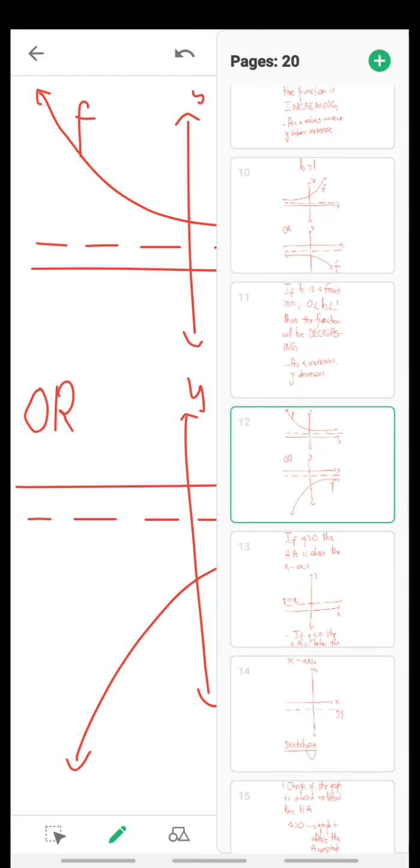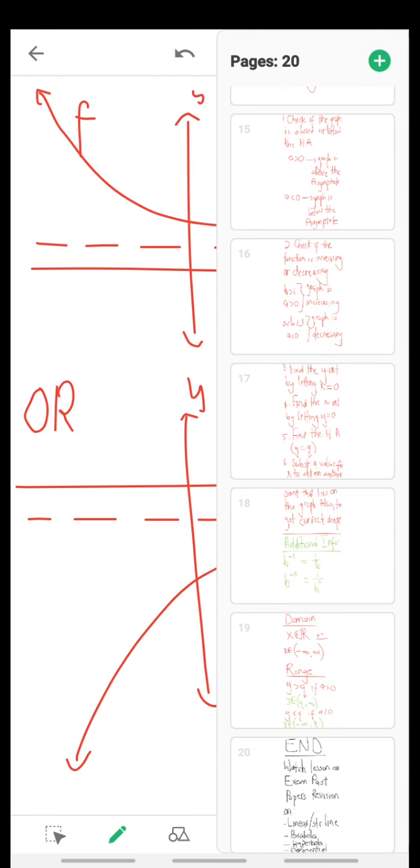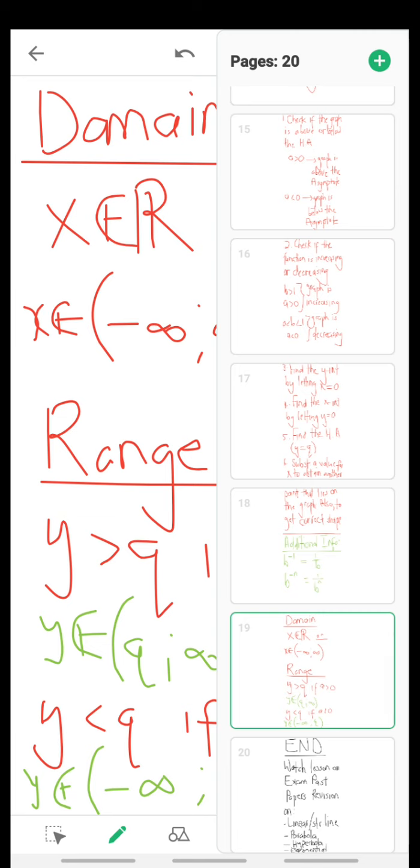Now, next up, we want to look at the domain and the range of the exponential function. And what are we saying? Remember, the domain is all possible x values of a function that are defined for that function, okay? But nicely put, we can say this is where the function starts from the left and where it ends to the right.